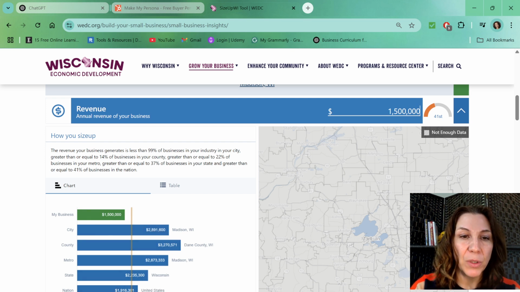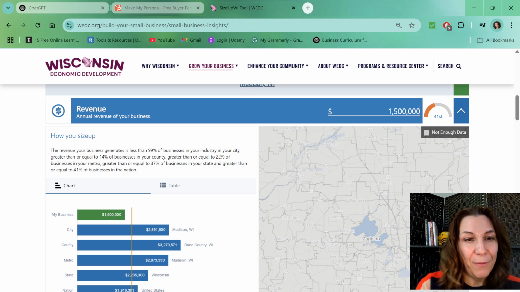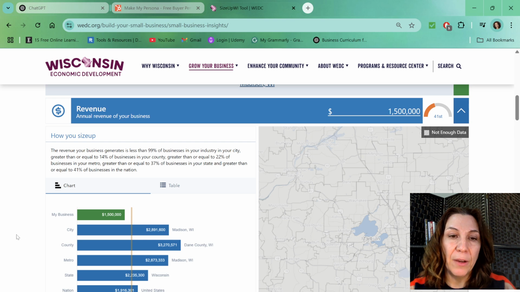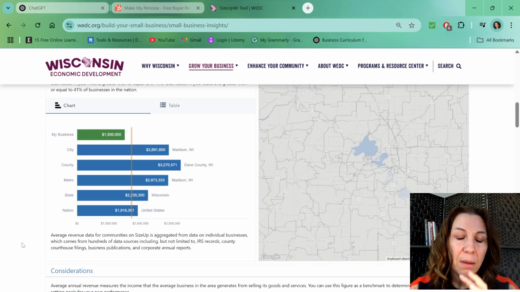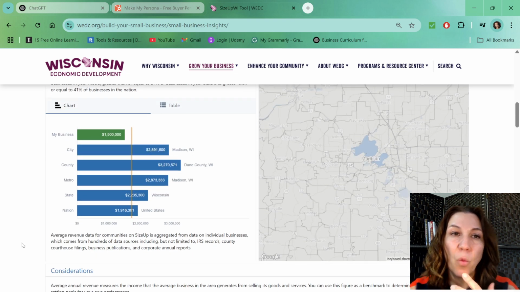That's why I said that I know this tool is in Wisconsin, but I'm sure in your state you maybe have similar tools available, or even if you compare yourself with the nation here, that will give you kind of a glance at where you stand.